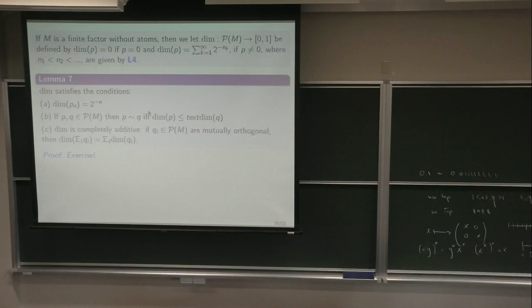And you have that P is equivalent to Q if and only if, I guess here I should have said, is equal. I'm sorry about that. So this is the dimension: they are equivalent if and only if they have the same dimension. And it's completely additive. All this A and B, of course, are trivial. It's C, but even C is very easy, okay?